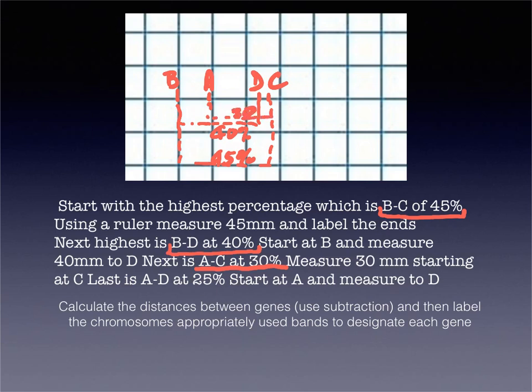And finally, we have AD, which is 25%, the distance between A and D. So now we just have to do some subtraction to figure out the rest of our map units, the rest of our distances for this gene.